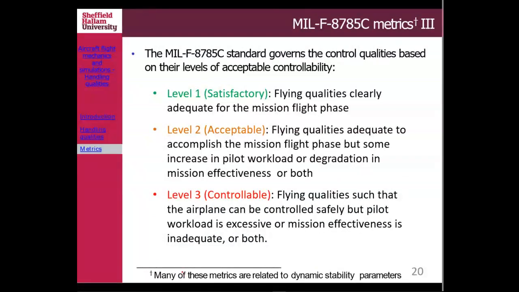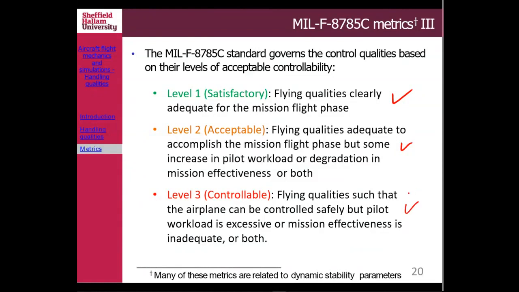Right now, I'm not going to talk in detail about levels. Obviously, level 1 is the one that, in terms of design, you want to achieve, which is the best, satisfactory. Level 2 is considered acceptable, and level 3 is controllable.